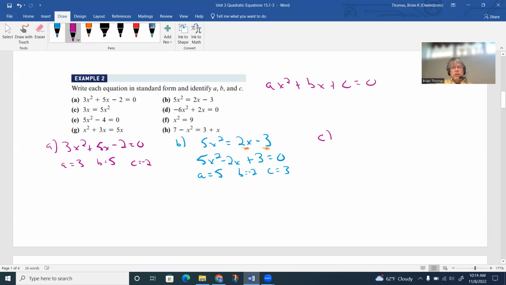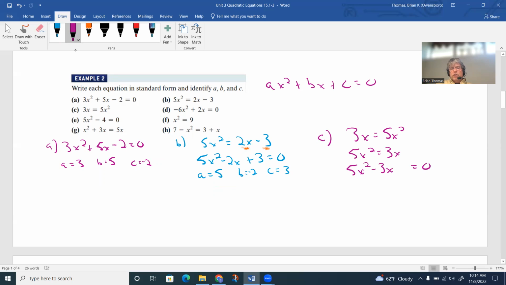So look at C, we have 3x equals 5x squared. Again, I really would like to have the quadratic term on the left side, so 5x squared is equal to 3x. Switch those around, but then I want the linear term on the same side of the equation as the quadratic term. So 5x squared minus 3x is equal to 0.